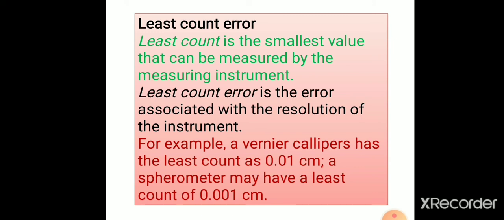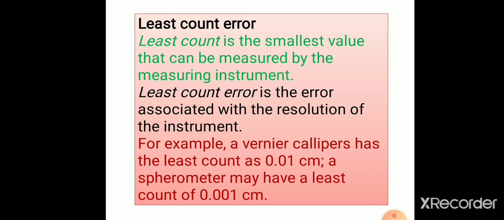And one more type of error usually seen in measurements is known as least count error. Least count is the smallest value that can be measured by the measuring instrument. For example, the least count of an ordinary scale is 1 millimeter.